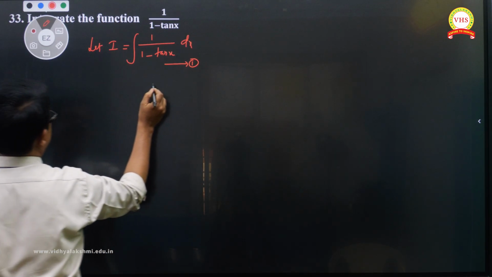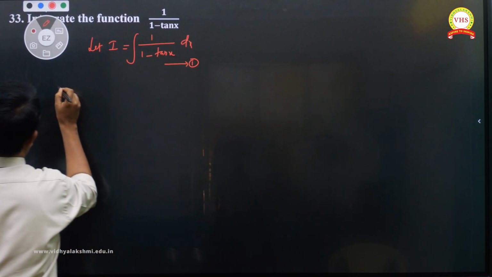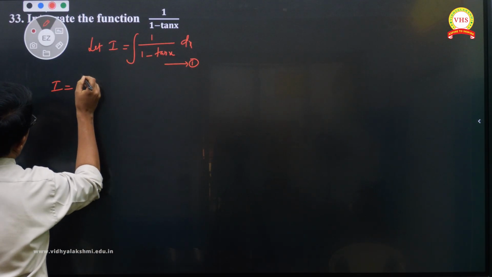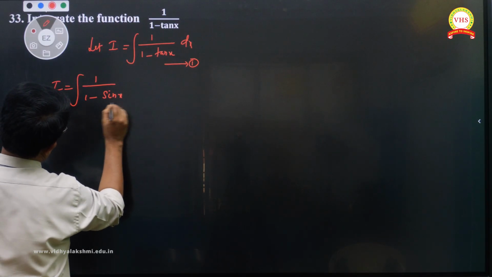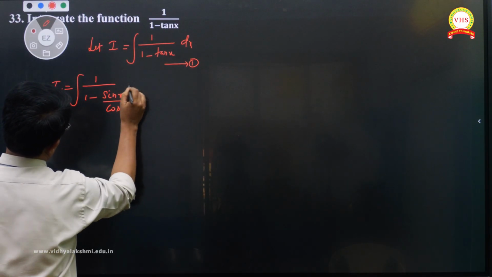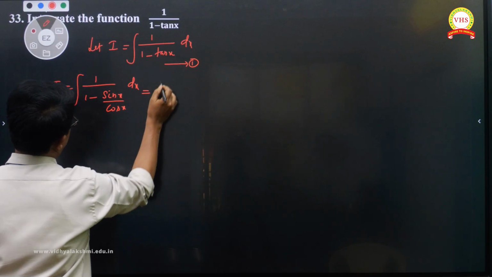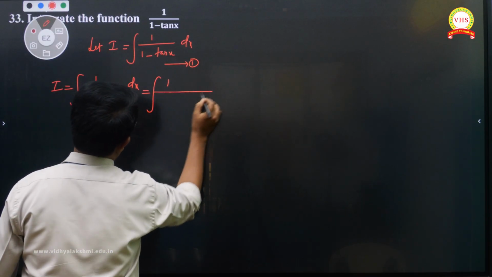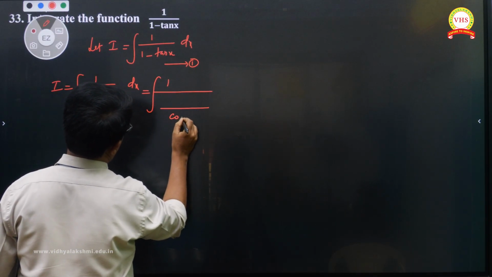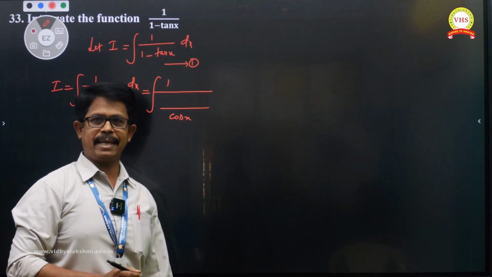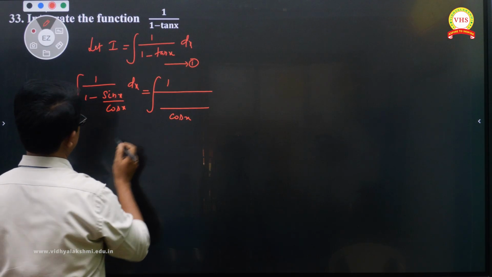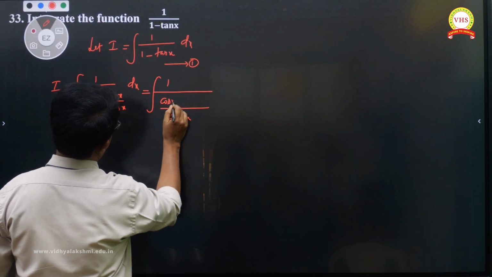What is tan theta? You know very well. Tan x equal to sin x divided by cos x. So 1 by 1 minus sin x divided by cos x. Then the LCM for the denominator is cos x.